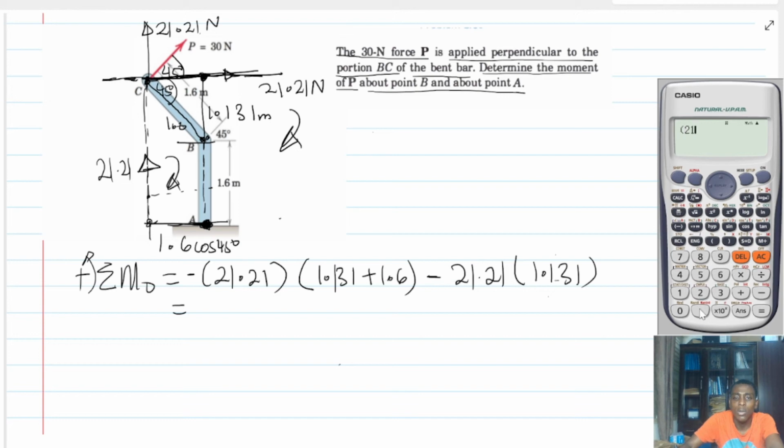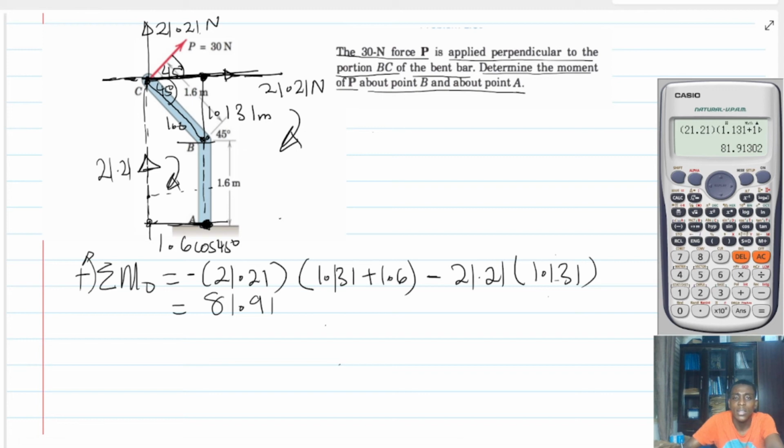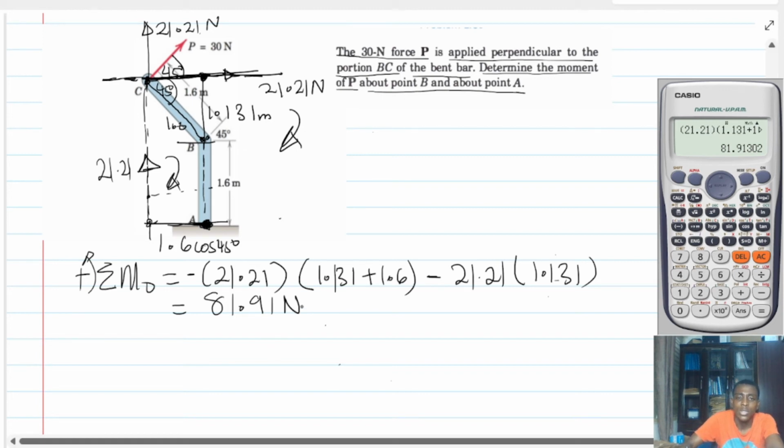We'll get 21.21 multiplied by 1.131, and then plus 1.6, and then plus 21.21 multiplied by 1.131, and I'm going to get 81.91 Newton meter.